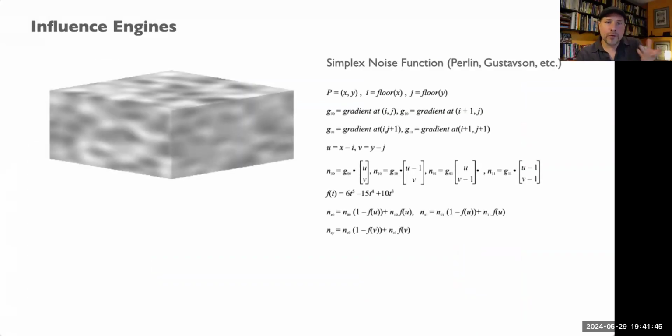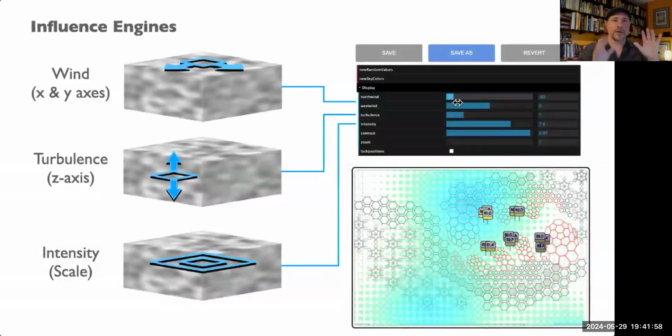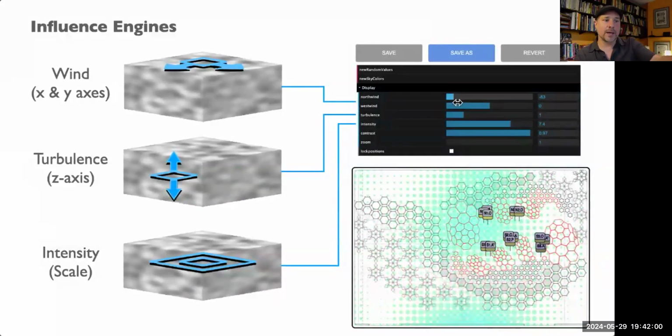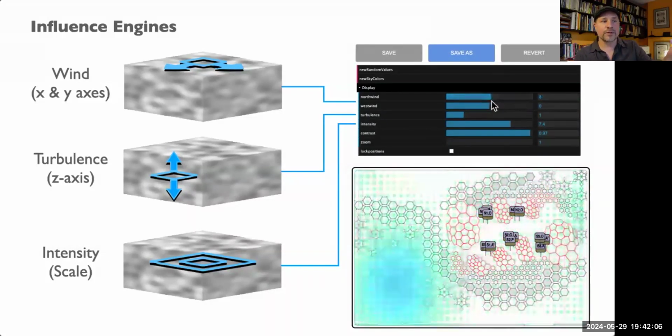The one that we saw before, which looked more like the wind or the weather patterns moving through, is really just a very, very simple algorithm based on the Perlin noise or simplex noise to create a 3D volume of noise. And then depending on how you look at that volume of noise, you're essentially being able to create at different scales and different speeds these wind patterns that move through the space.